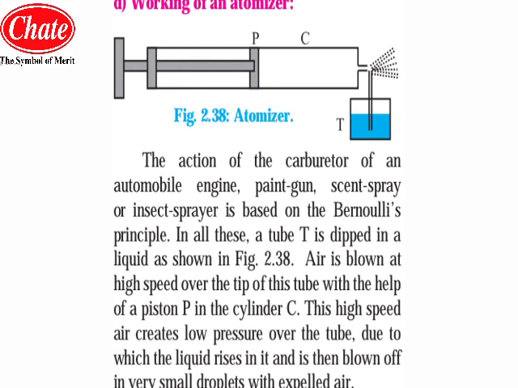Air is blown at high speed over the tip of the tube with the help of the piston P and the cylinder C. This high speed air creates low pressure over the tube, due to which the liquid rises into it and is blown off in very small droplets with the expelled air. So this is how an atomizer works.